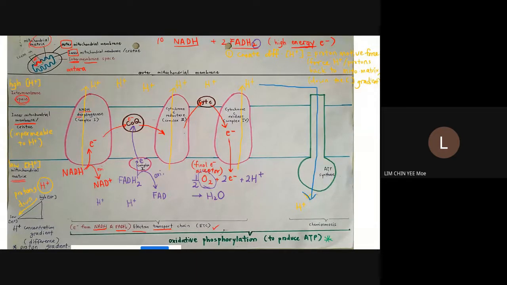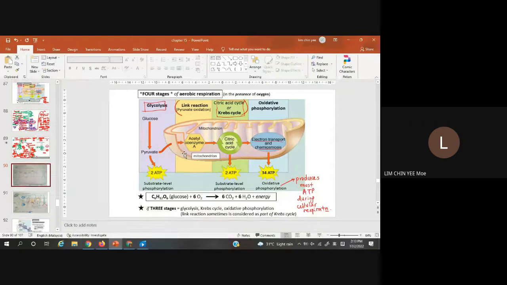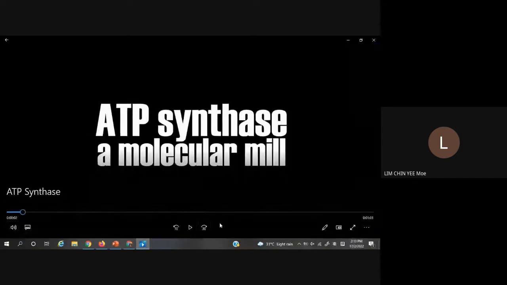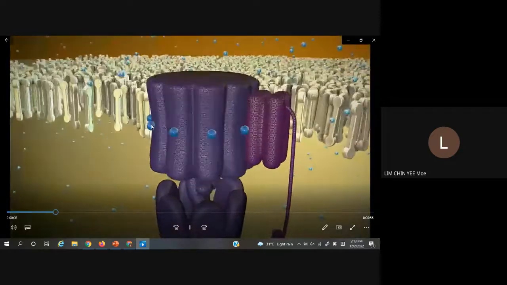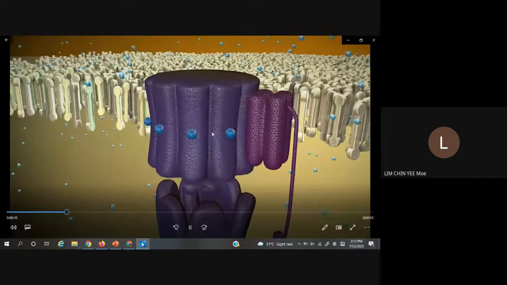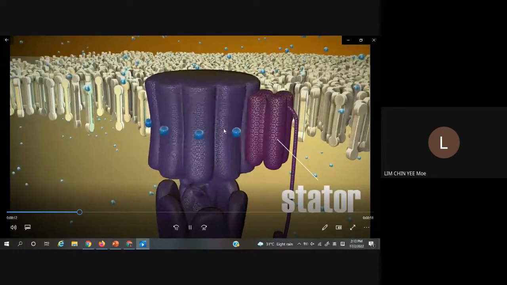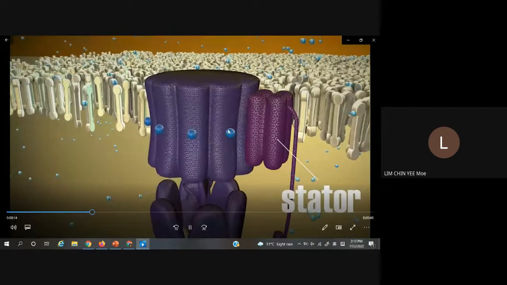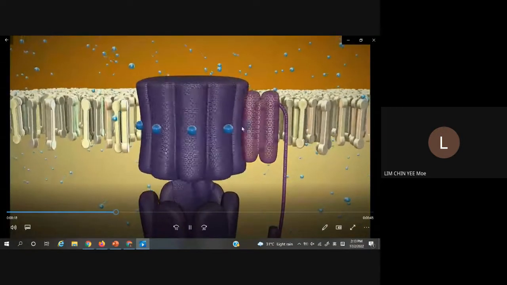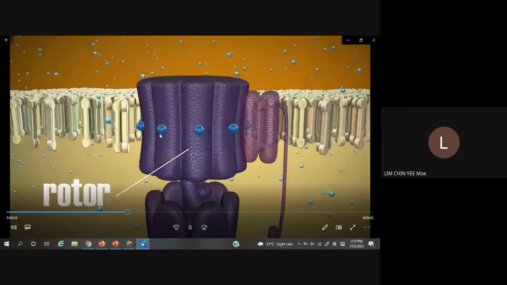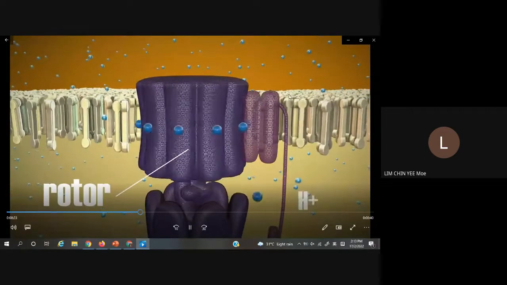So dia balik. Now I will show you a video on how the flow of protons activate the ATP synthase. This is it. Tak ada bunyi ya, tapi yang blue dots ini ialah hydrogen ions. So you can see these hydrogen ions will bind to this rotor. Okay, dia masuk and then dia bind, dia akan rotate rotor ini.